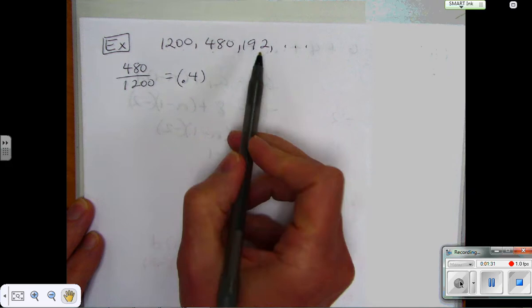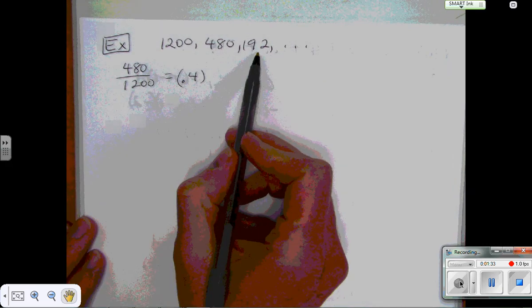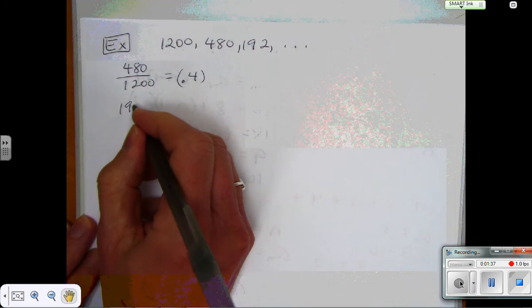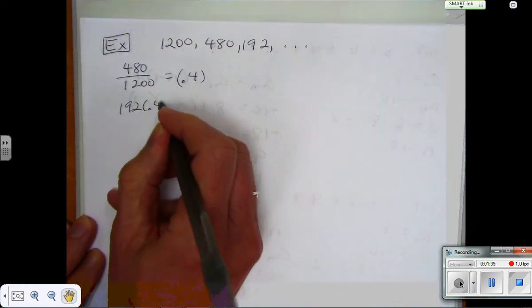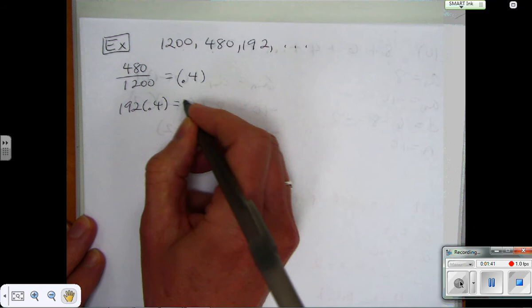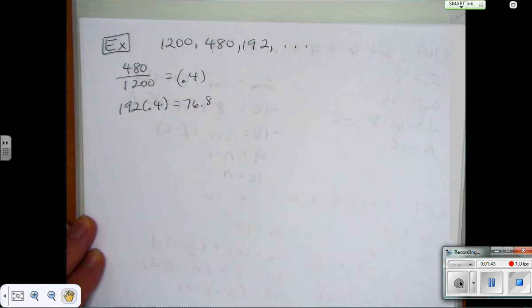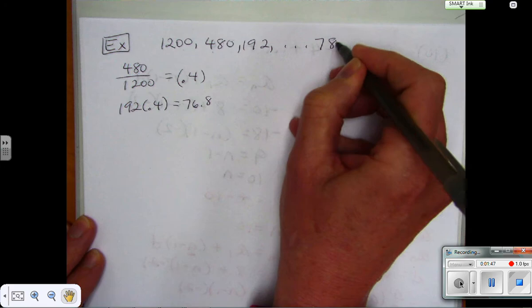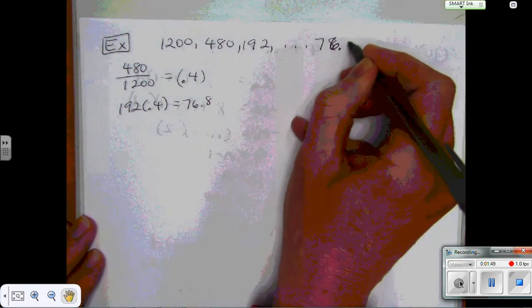So to get my next value after 192, we're going to take 192 times 0.4, and that's 76.8. So that's the next term in the sequence.